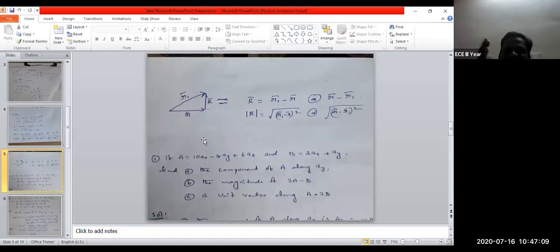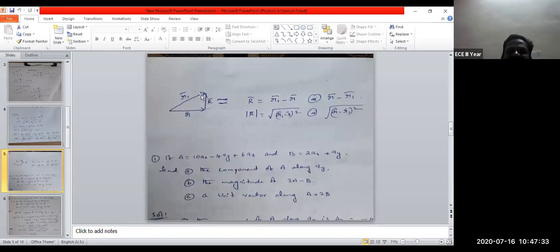Suppose X, Y, Z values are not given, and only position vectors are represented as R bar and R1 bar. They start at zero and end somewhere else. One vector is given as R bar, the other by R1 bar. This R bar and R1 bar is nothing but the resultant value of one vector and the other vector.